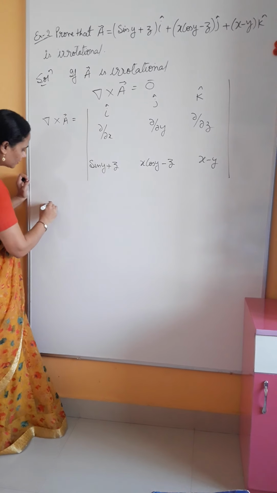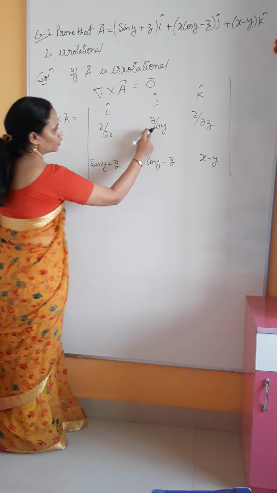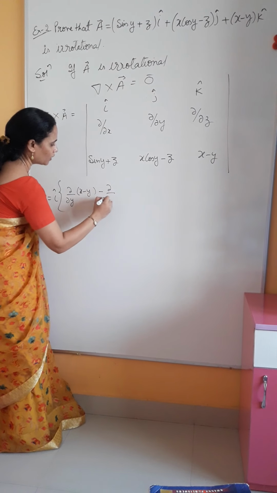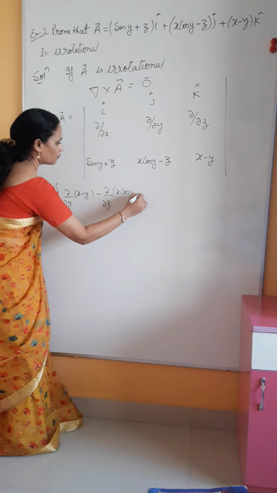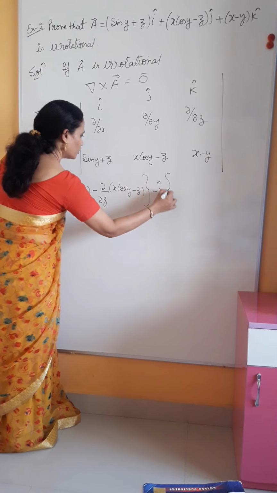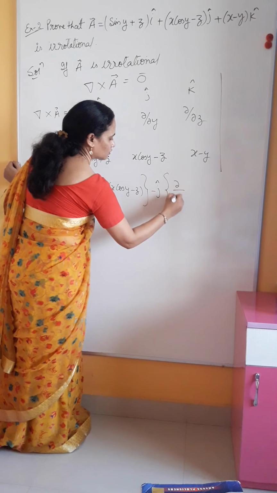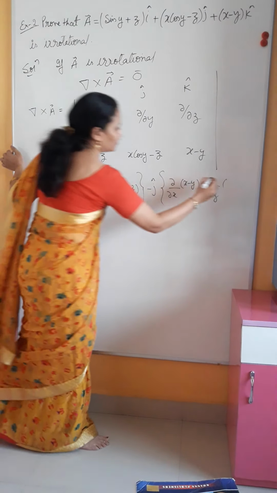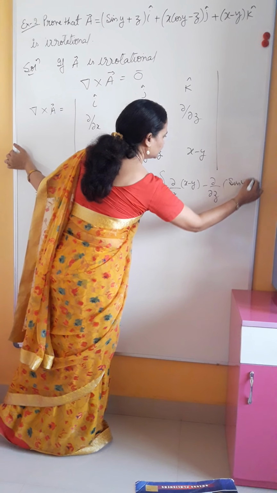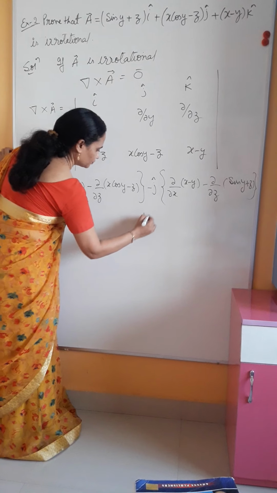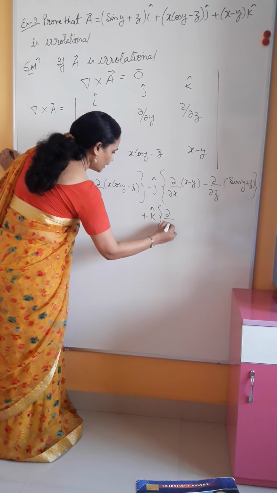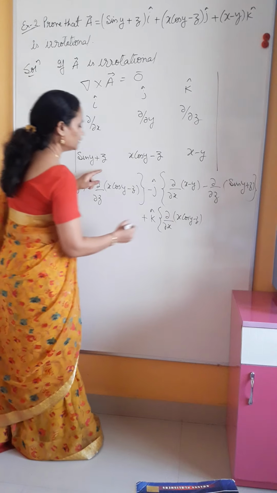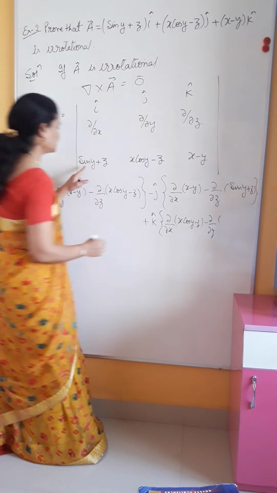So now expand the determinant. i cap, dou by dou y of this minus dou by dou z of x cos y minus z, minus j cap, dou by dou x of this x minus y minus dou by dou z of this function sin y plus z, plus k cap, dou by dou x of this x cos y minus z minus dou by dou y of sin y plus z.